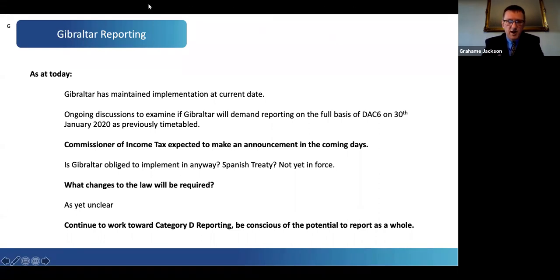As far as we are aware, and the Commissioner has made this clear to the various organisations in GIB, he is seeking to take us to a position similar to the UK if he has the power to do it, and he believes he may do, but he's taking advice as we speak. I was hoping, well, first of all, they indicated that there would be an announcement last week. That's been delayed. It's supposed to be this week.